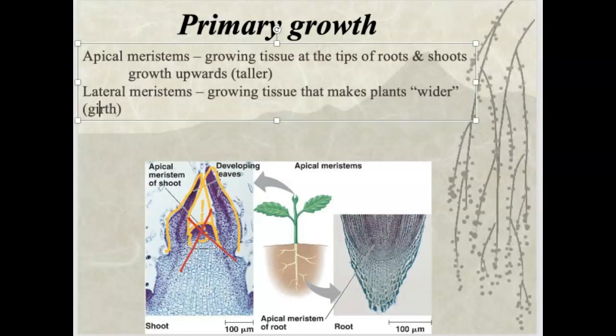So different tissue group, growth in a different direction, but same concept. Growing living tissue. So root systems are constantly growing unless they go into a period of dormancy. So it's why root systems are often used for research and studying. So, okay, that's primary growth.